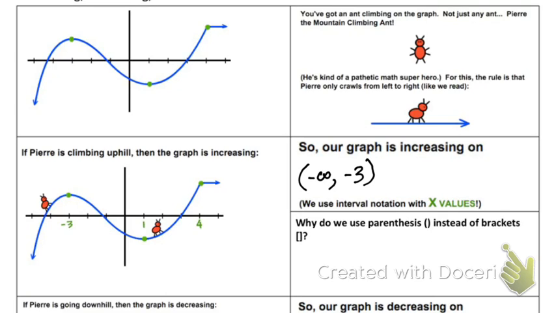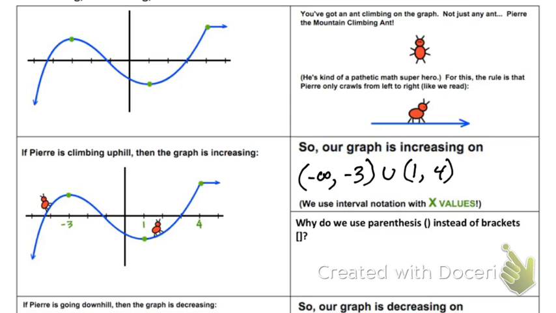He's also going uphill in one more place, so we're going to union that with where he's increasing from here to here. The x value at the starting point is 1, and the endpoint is 4. So we use parenthesis 1, comma, 4.